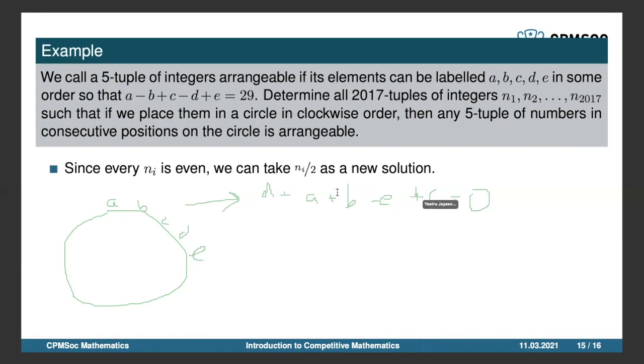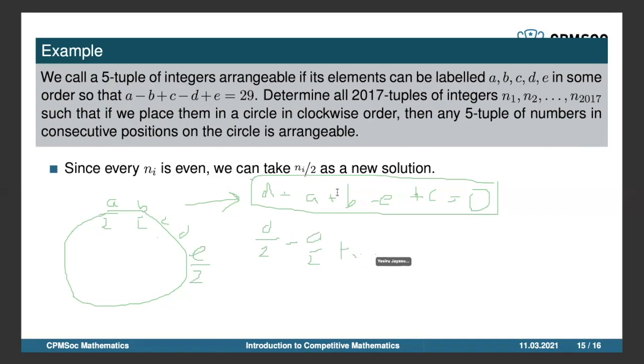Now, let's say I divided every number by 2. So now A becomes A over 2, B becomes B over 2, and so on until E becomes E over 2. If we divide every number by 2, and we still perform the same sum and difference for the corresponding numbers, we see that this sum will still equal 0.